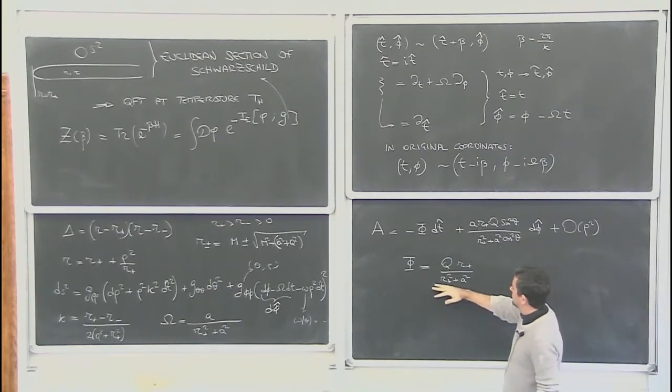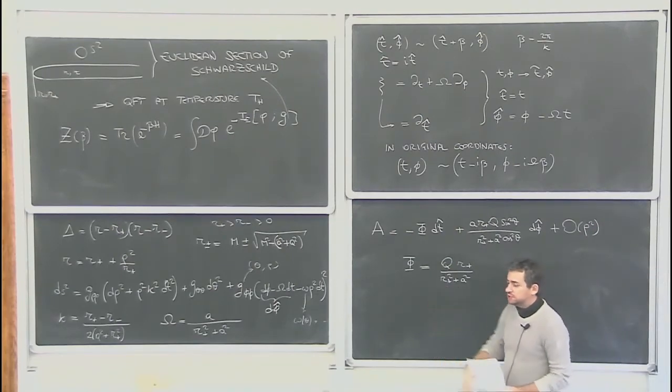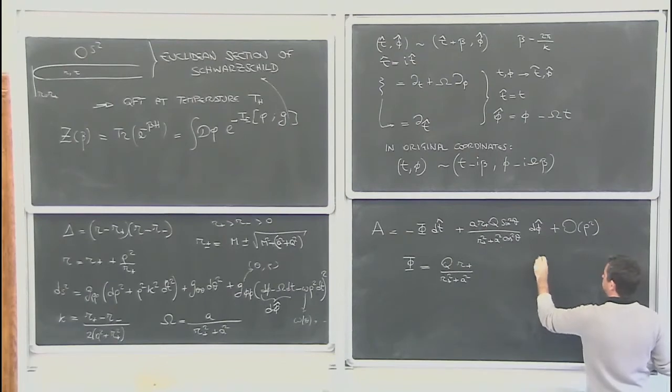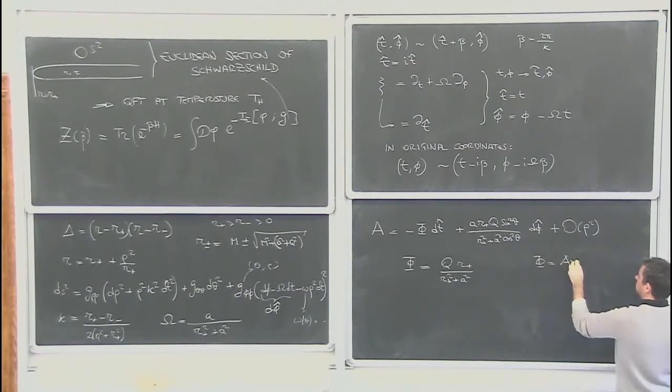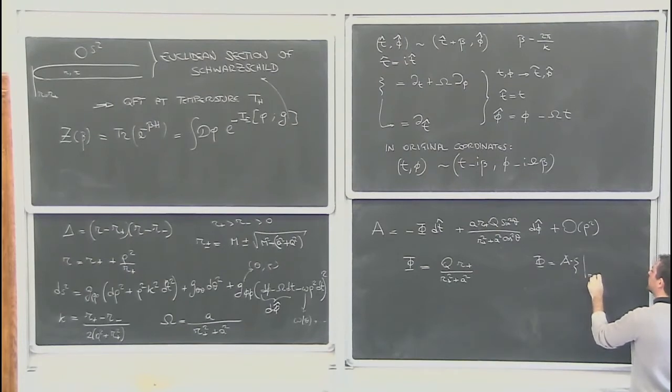I don't think I just gave you the definition. Phi was defined as A contracted with the vector xi, evaluated at the horizon and the outer horizon. In this case, there was no contribution from infinity. Maybe there was a minus depending on the conventions. In principle, there could also be a contribution from infinity that you would subtract.